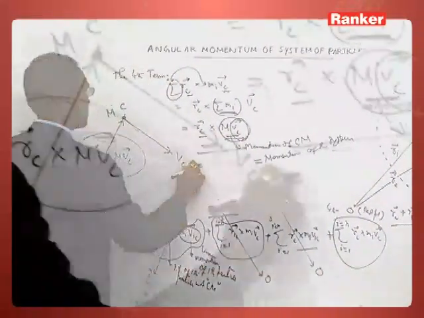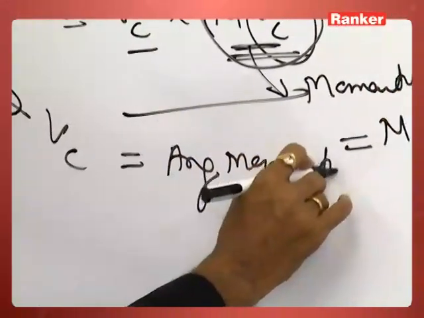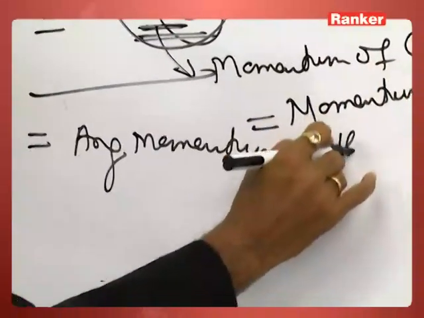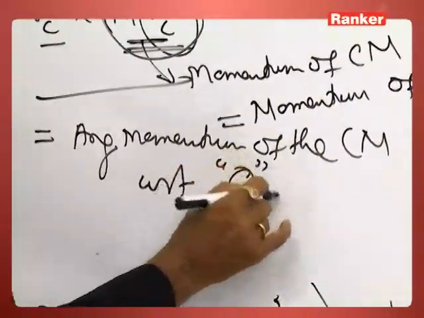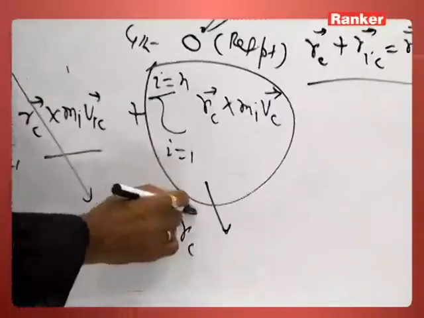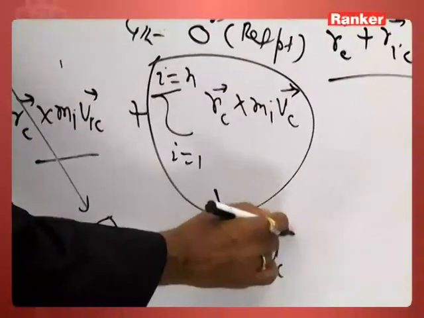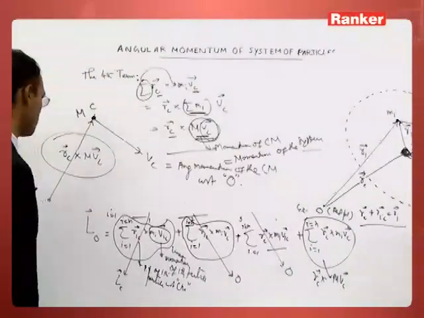So this term can be called angular momentum of the center of mass with respect to the reference point O. So this can be written as R_C cross M V_C. Capital M is the total mass of the system.